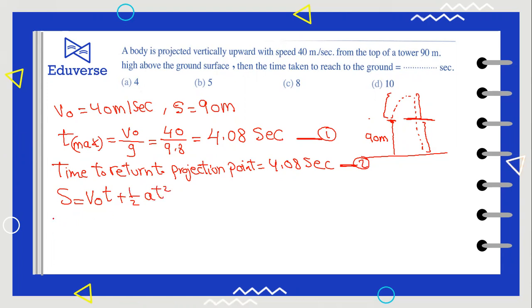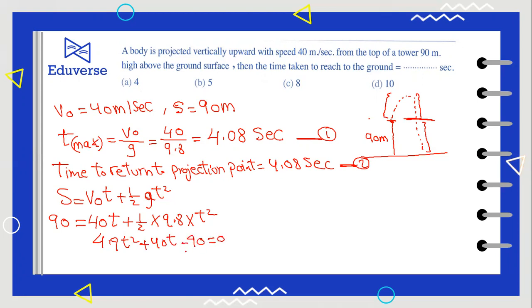Distance is 90 meters, V naught is 40, I don't know the time, I want to find it, plus half, here not a but g, okay? Half g t square, 9.8 times t square. It will be an equation in second degree: 4.9 t square plus 40 t minus 90 equals 0.